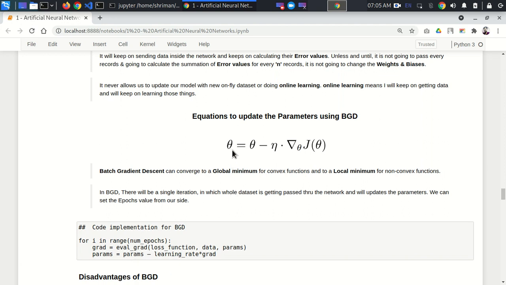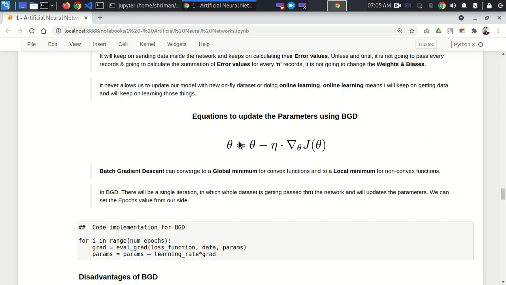So theta will be theta minus eta. This is theta and this is eta. Theta new will be theta old minus eta into delta theta into j theta. So what is this?